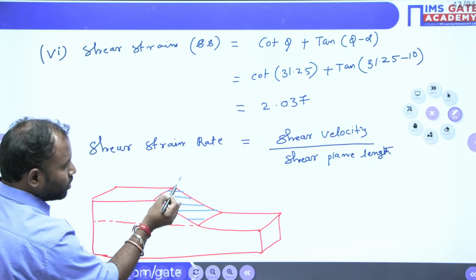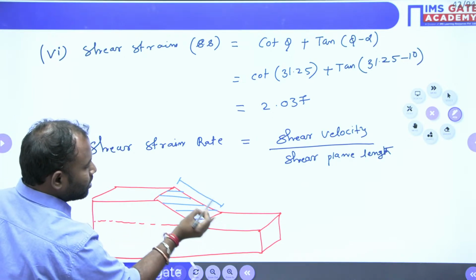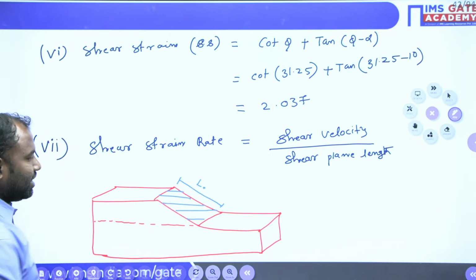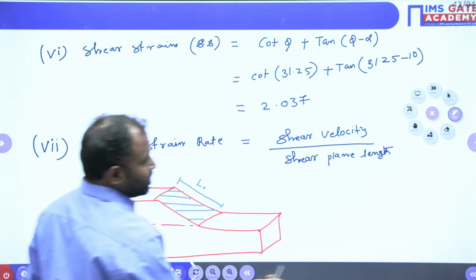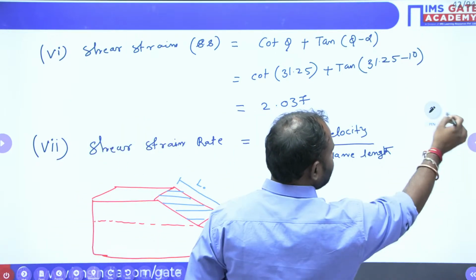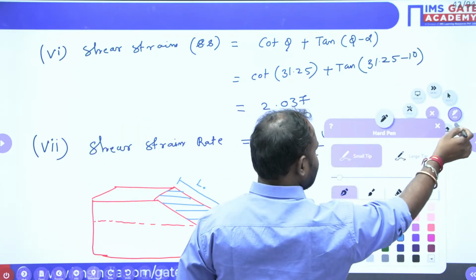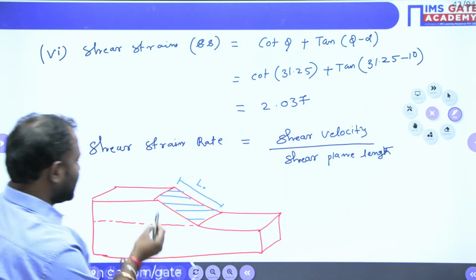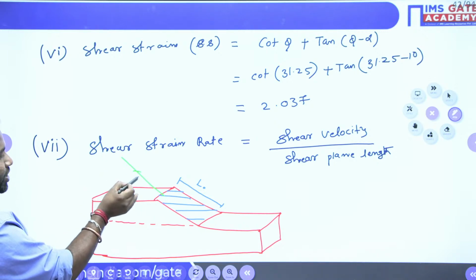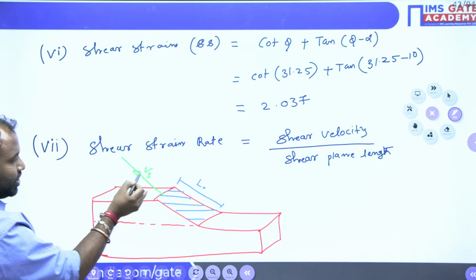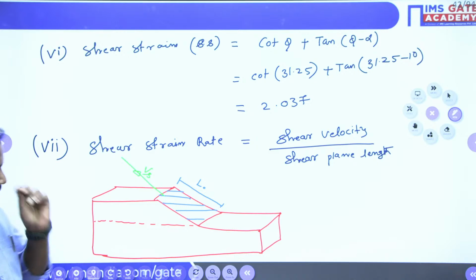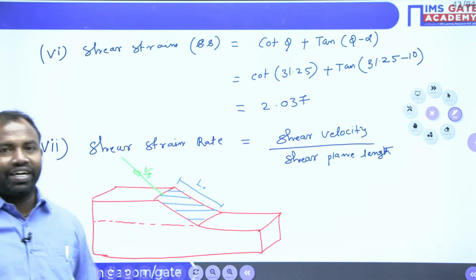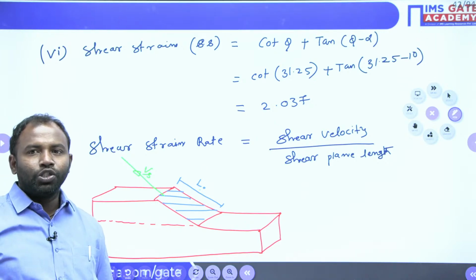Shear takes place here, so the shear plane length is this. I am taking it as L0. The shear velocity will take place along this direction, Vs. Shear velocity divided by shear plane length gives you the shear strain rate. Clear, everybody? Okay.